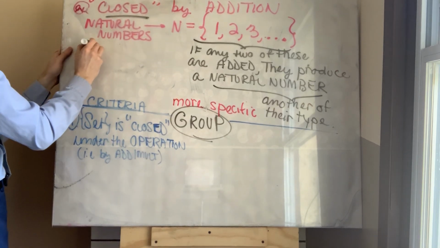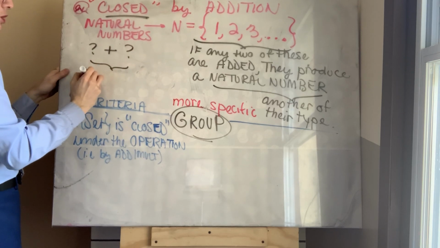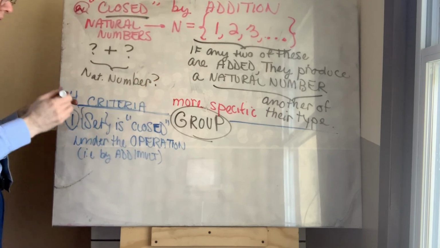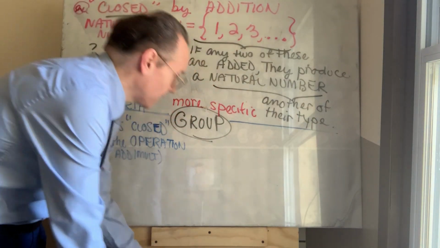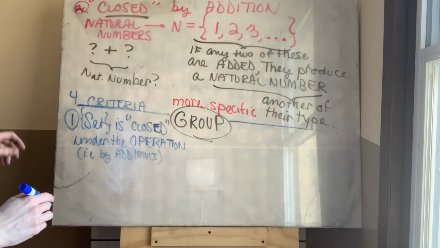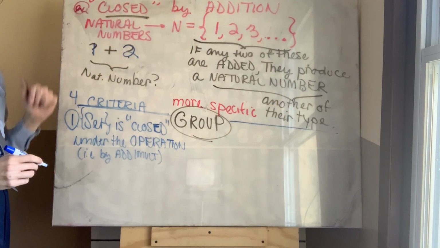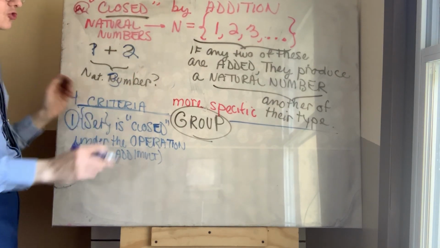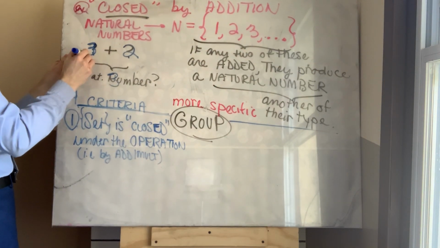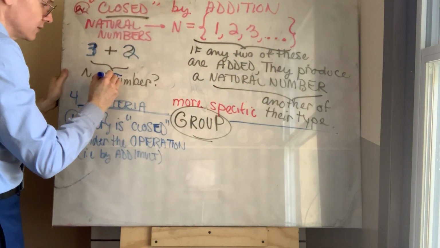So for example, we'll take any two of these and add them and see if we get a natural number. If I did 1 plus 2, do I get a natural number from adding those things? Indeed, I get 3, which is just another natural number. If I did 3 plus 2, do I get a natural number? Although I didn't write it, indeed I would, because then it would be 5.